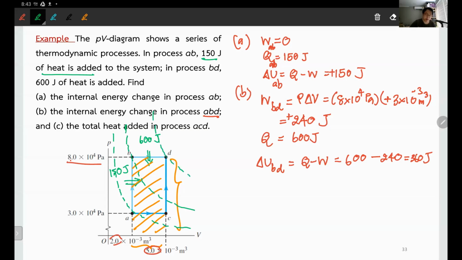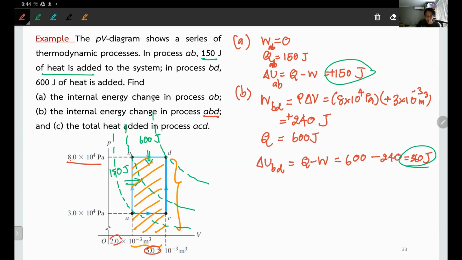Going from A to B, you know in your head the answer is supposed to be a positive change in the internal energy, and that's what we got: internal energy increases 150 joule. Going from B to D, you also jump to a higher isotherm, so you know the answer is going to be a positive delta U, and that's what you got here as well. Okay, cool.